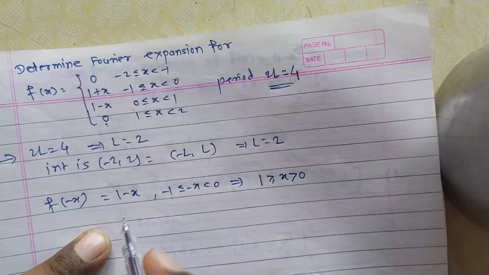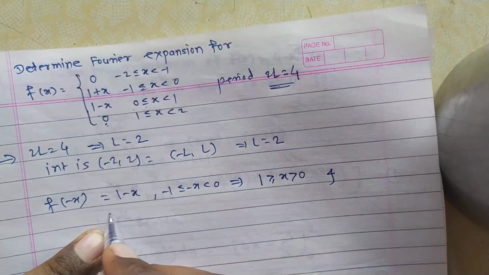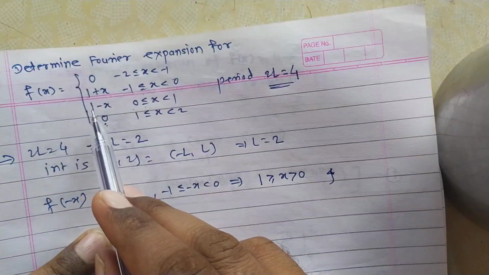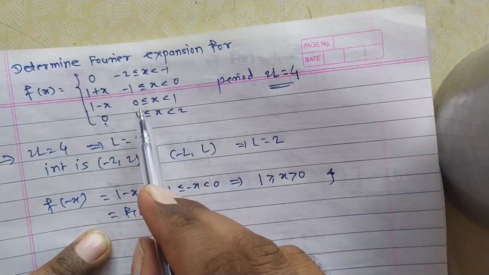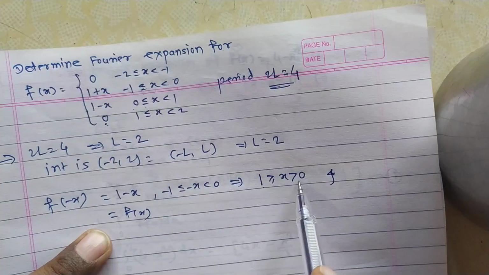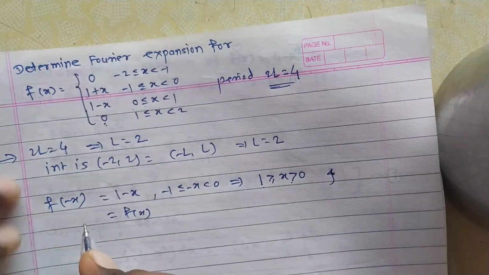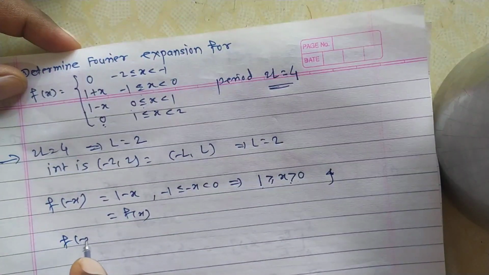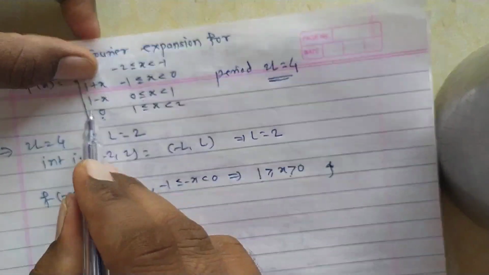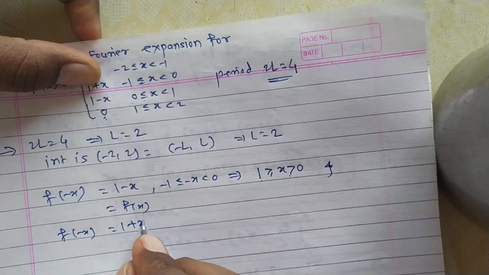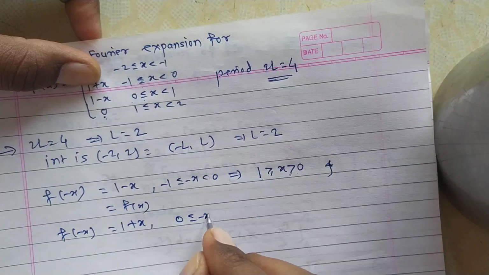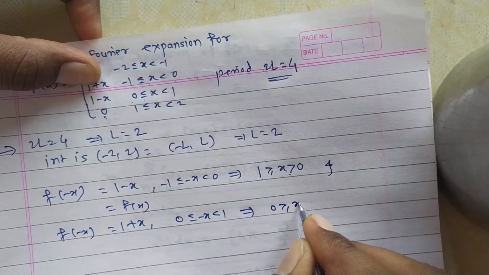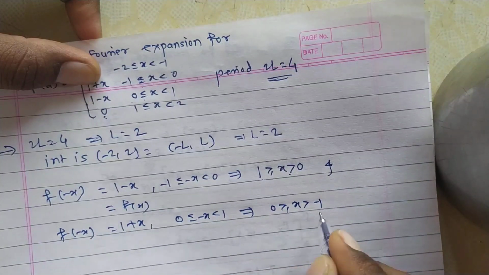And the second one. This is f of x, means we get f of minus x is equal to 1 minus x for 0 is less than or equal to x is less than or equal to 1. And for the second one, suppose f of x equal to 1 minus x first; in that also if you put x equal to minus x, then minus minus is plus, that is 1 plus x, and 0 is less than or equal to minus x is strictly less than 1 can be written as 0 is greater than or equal to x is greater than minus 1, means minus 1 to 0.